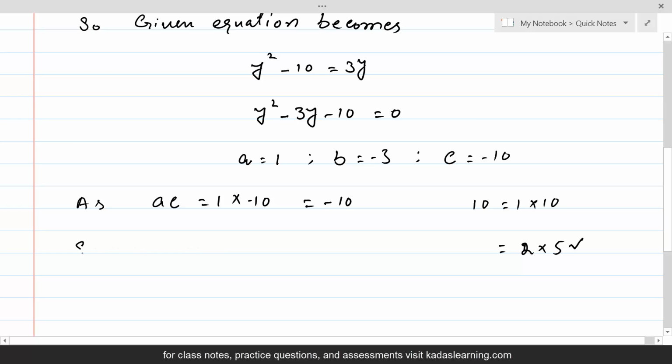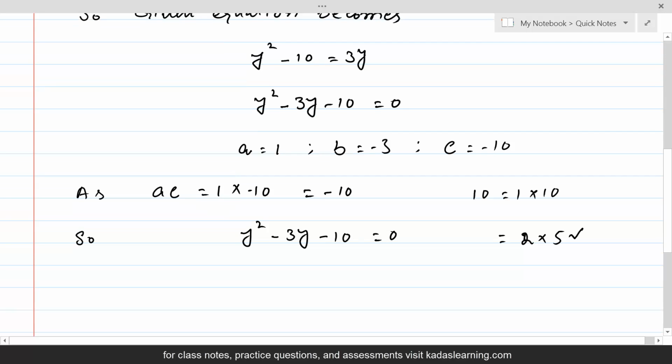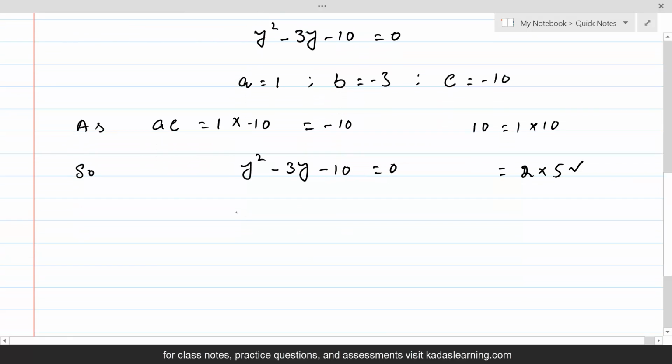So the given equation y squared minus 3y minus 10 equal to 0 could be written in the form y squared minus, instead of writing 3, we'll simply write it as the difference of 5 and 2, 5 minus 2 is equal to 3, y minus 10 equal to 0.